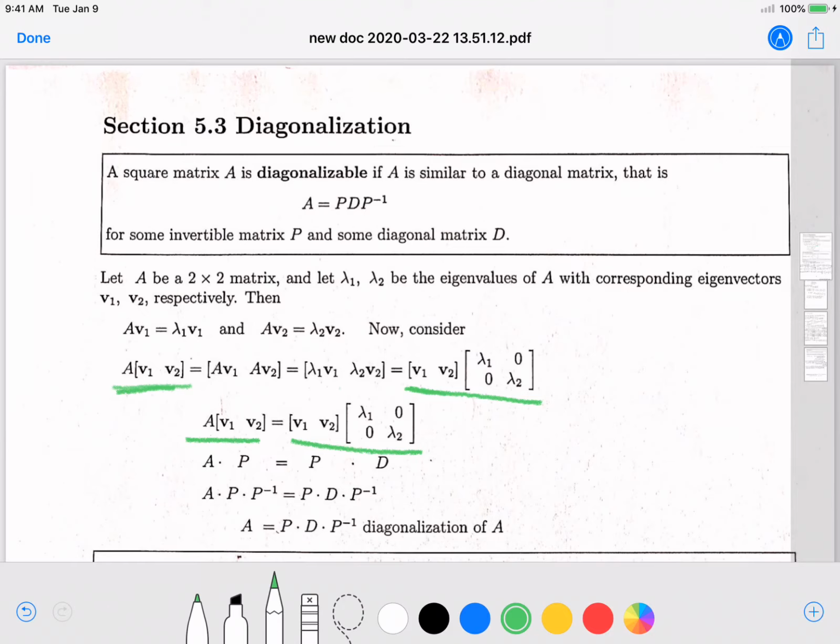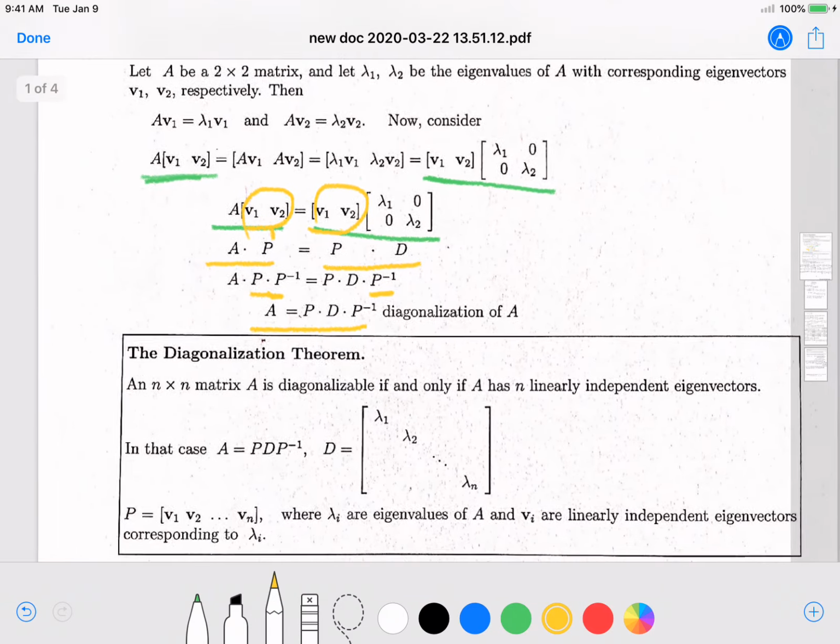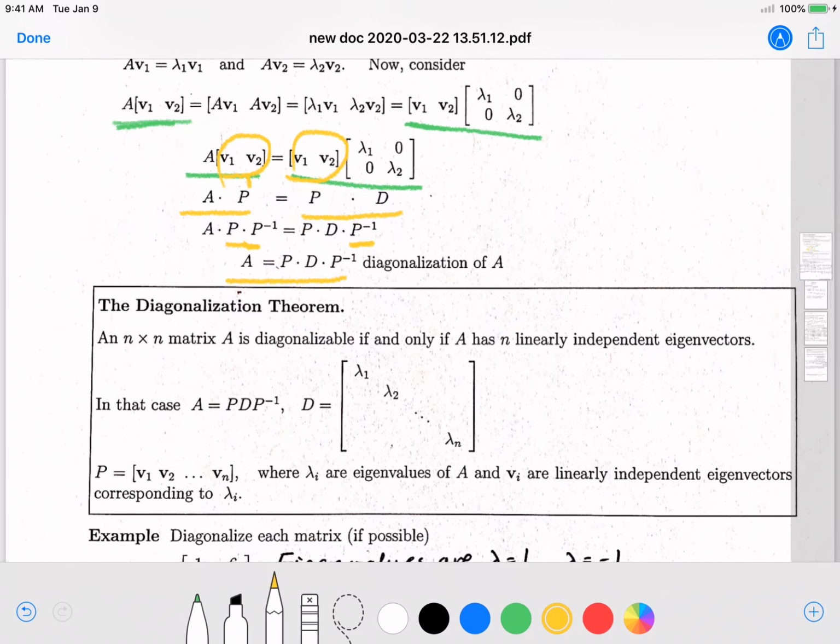The matrix of v1 and v2 we will call matrix P. So what I got is A times P is equal to P times D. Now from the right side I multiply that equation by P inverse, and P times P inverse is the identity, so I'm left with A equals P times D times P inverse, which is nothing else but the diagonalization of that matrix.